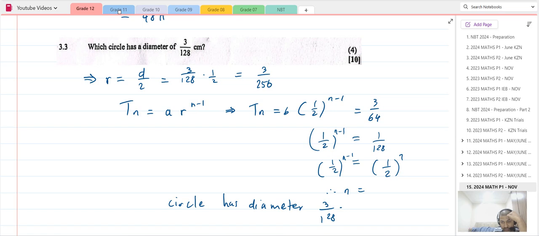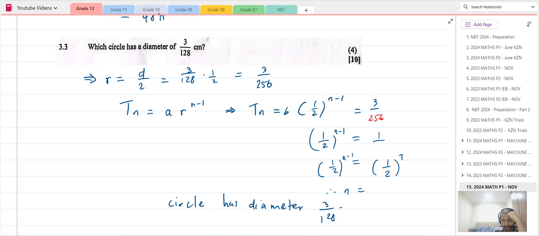That changes things. We now have 6 times half to the power n minus 1 is equal to 3 over 256, because we're doubling 128 times 2.